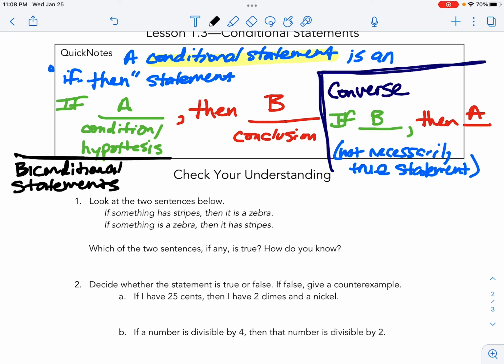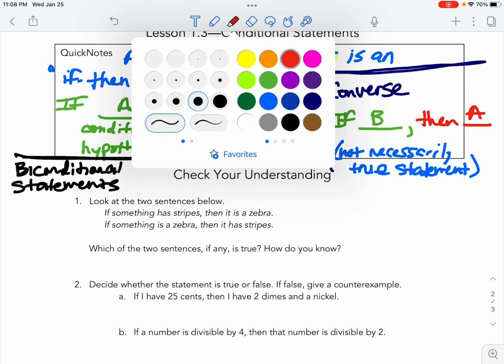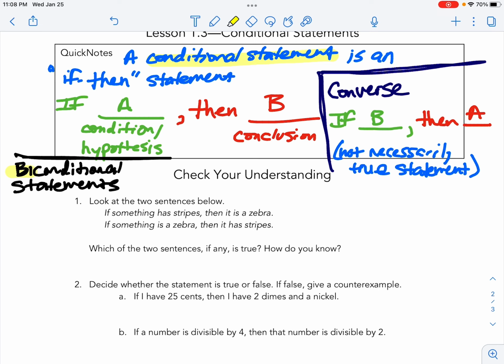Maybe you're writing a little bit better than I am. Hopefully you are. Let me highlight the prefix here, bi. So we know that bi, if you go back to the word bicycle, 2 wheels for a bicycle. Biconditional statements work in both directions. So a biconditional statement is true in both directions.